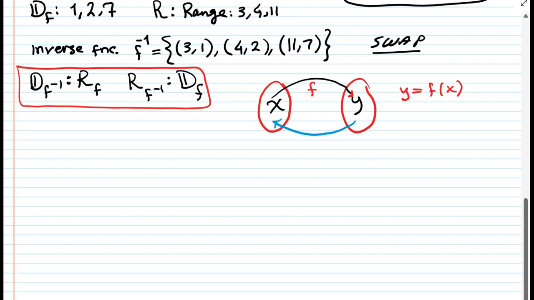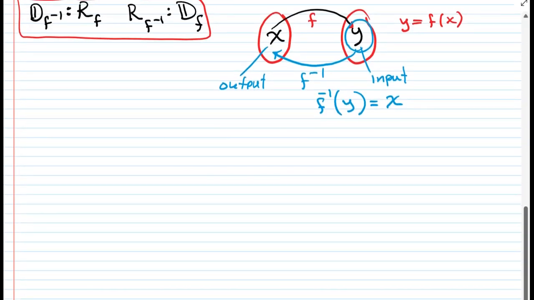So y becomes the input this time, and x becomes the output with respect to the inverse function. Therefore, through the inverse, the input is y, so f inverse has input y and output x. That's the connection between the function and its inverse.